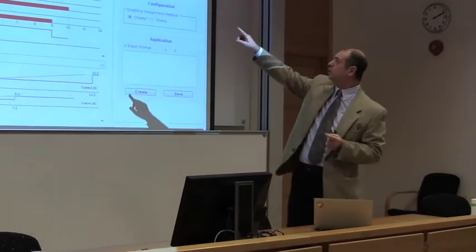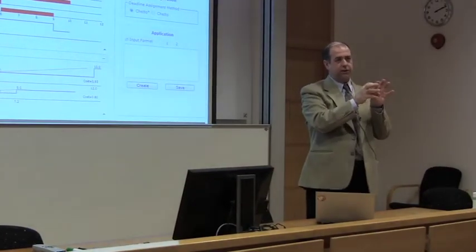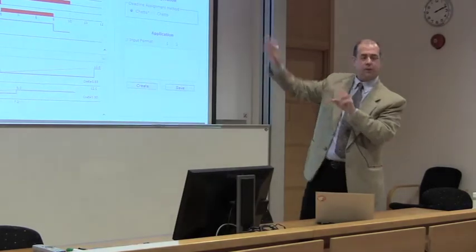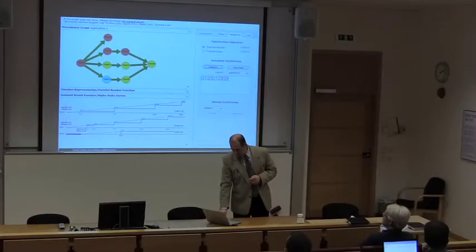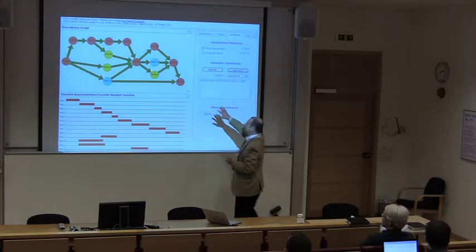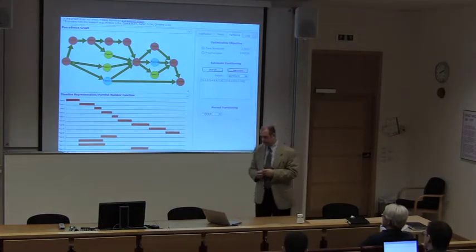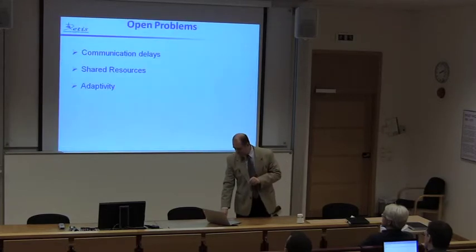In this case, the colors represent a flow allocated into the same virtual platform. So here we have two different flows. You can build several applications with complex precedence constraints. They are handled with the method I just explained, and you can see the best allocation.